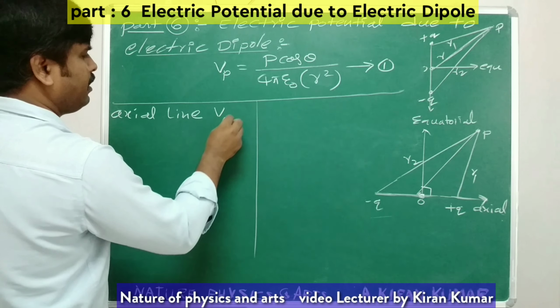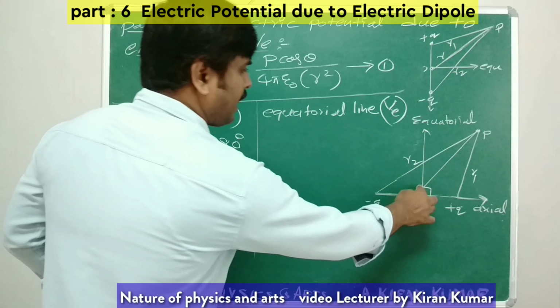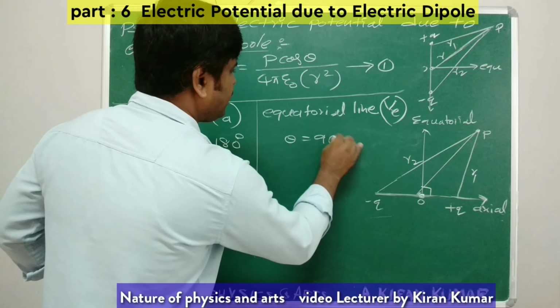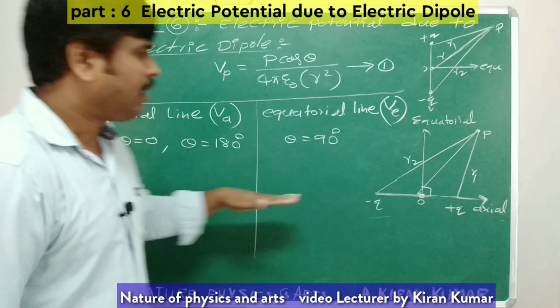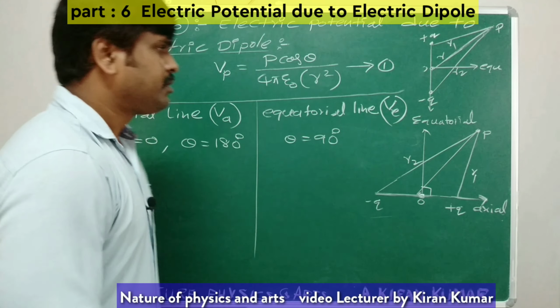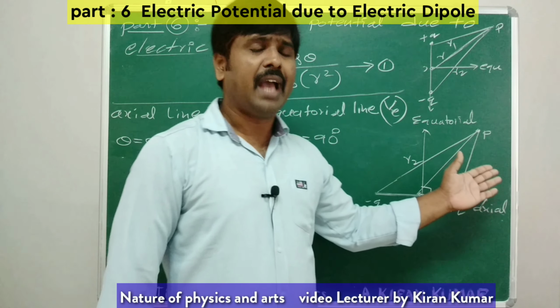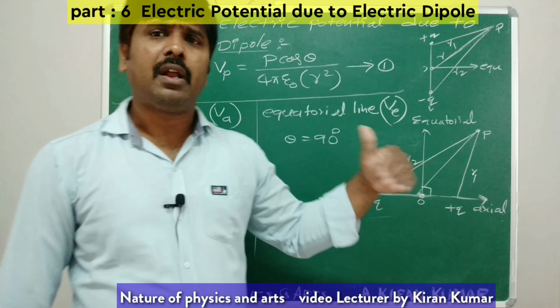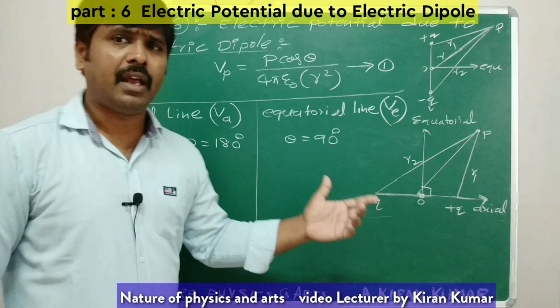Now the formula. Before going to that, we have to discuss theta. Along the axial line, theta is equal to 0 degrees or 180 degrees. For the equatorial line, theta is equal to 90 degrees. So we are taking the point on the axial line and on the equatorial line.